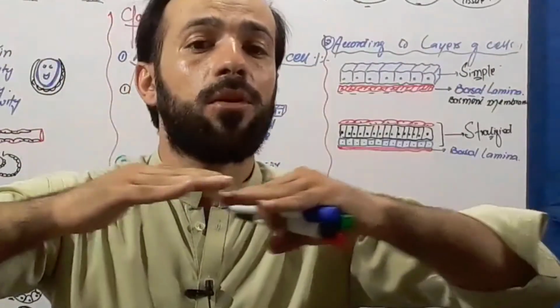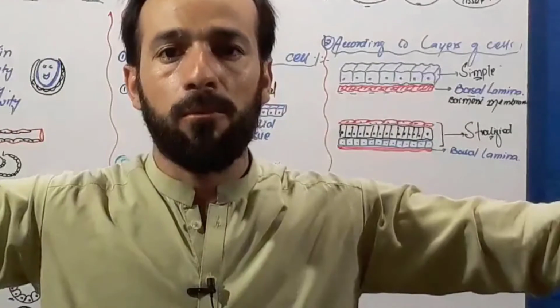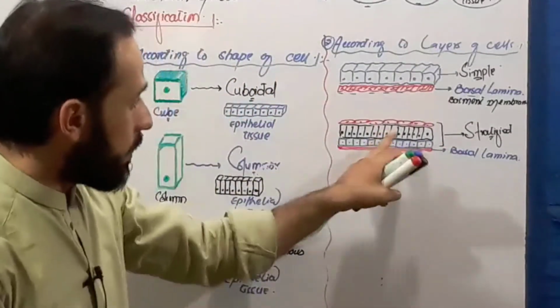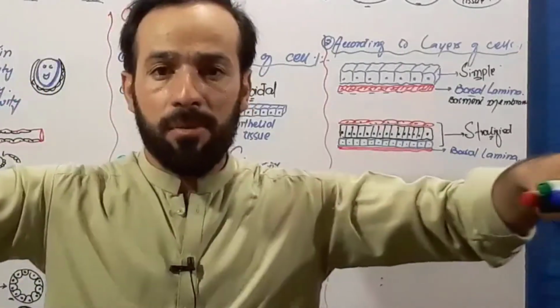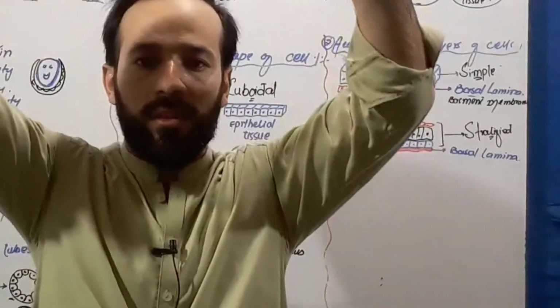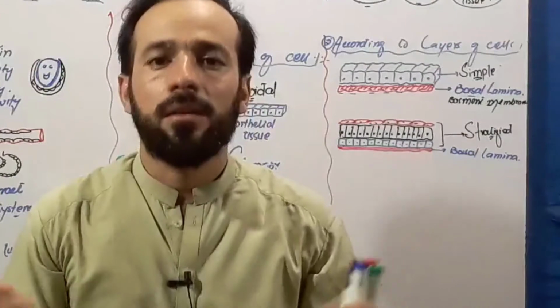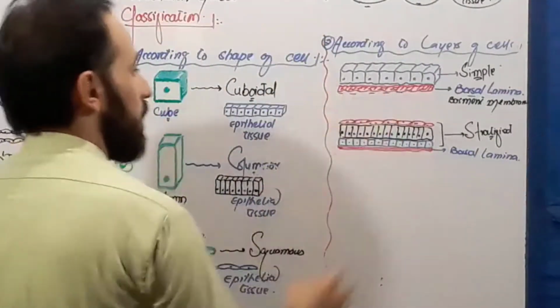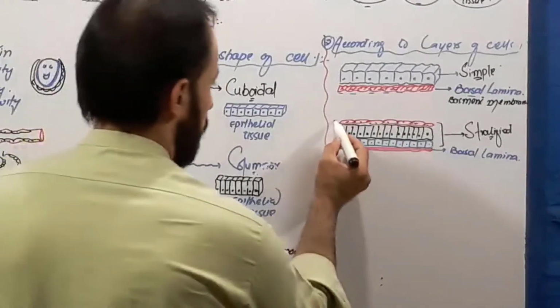Now if above the basement membrane there is only one layer of epithelial tissue, we call such tissue simple epithelial tissue, right? And if above the basement membrane there are many layers of epithelial tissue, we call it compound or stratified, because these many layers are called stratifications.